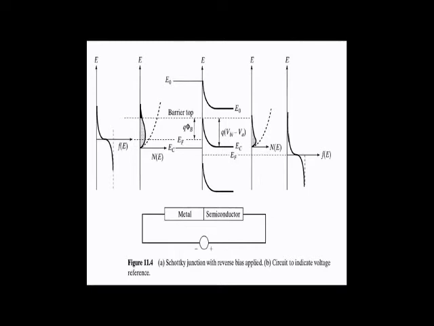As you can see from the simple circuit below the graph, the positive polarity is connected to the semiconductor, while the negative polarity of the voltage source is connected to the metal.